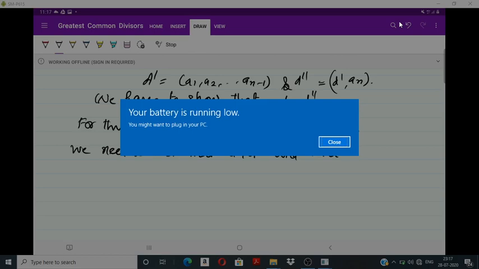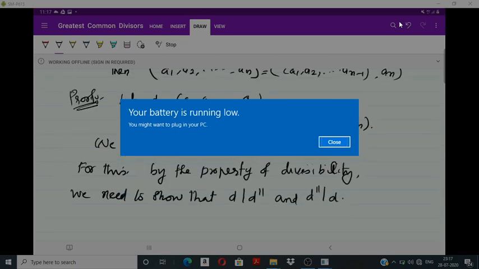Okay, so this we have to prove. We have taken D as the GCD of n positive integers, and D dash is the GCD of the first n minus 1 positive integers, and D double dash is actually the GCD of D dash and an.